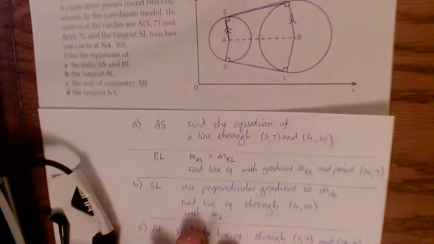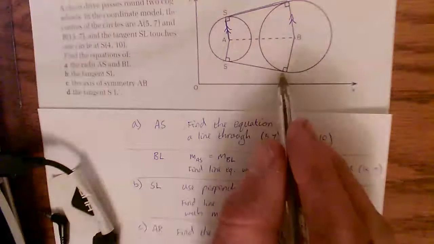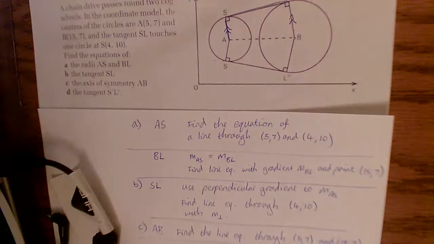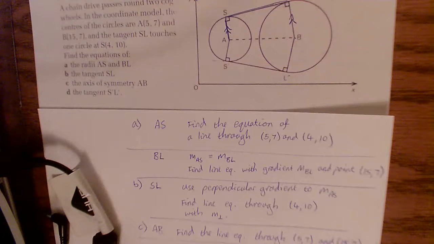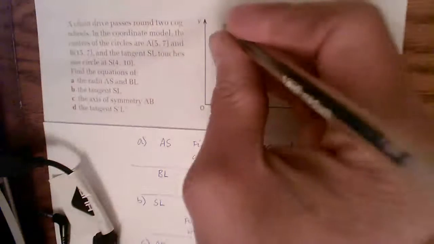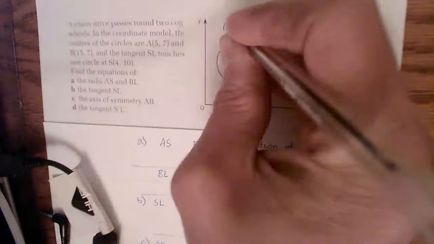Now, the last one, and this is definitely the trickiest one, is thinking about this line here and what we know about it. And thinking about maybe what we know given that line of symmetry. Okay, so first thing we know the coordinates of S are 4, 10.